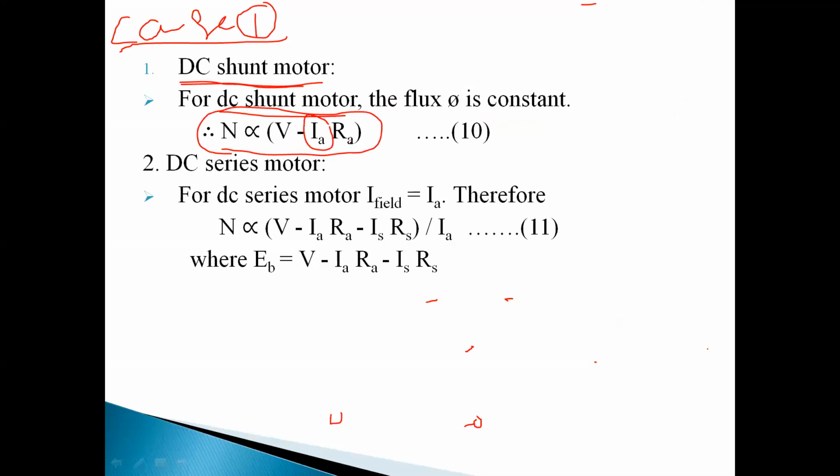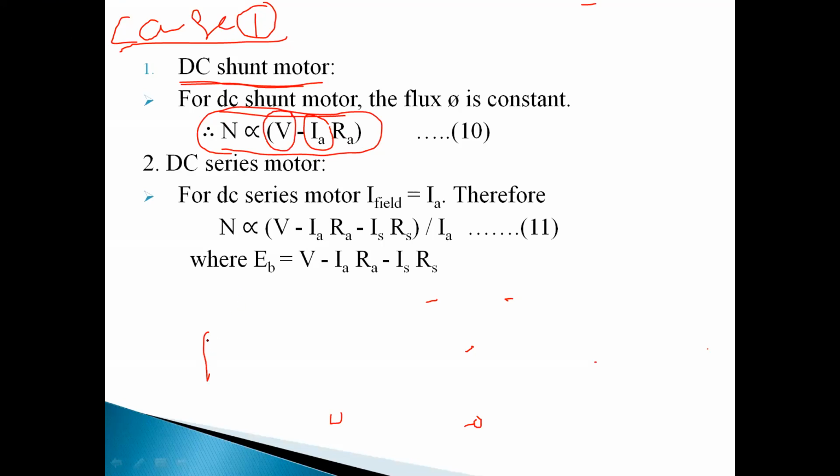At no load, the machine takes a small armature current. When mechanical load increases, armature current increases from a small value to the rated value. At rated load, the machine takes rated current. So the IA value varies. We give constant input voltage, that means V is fixed.